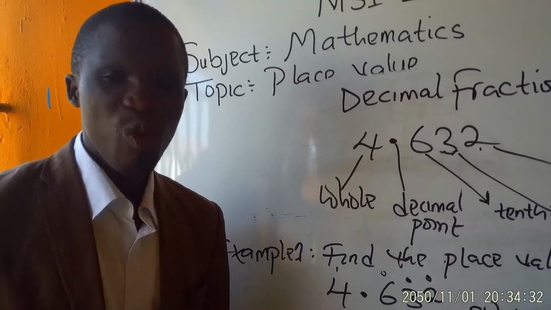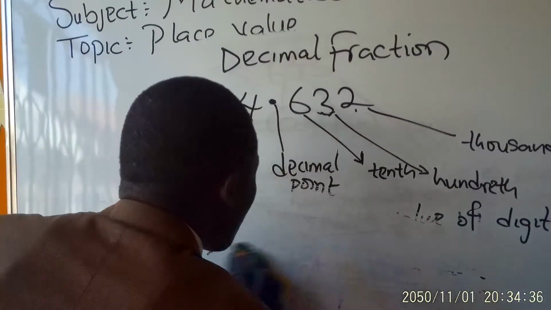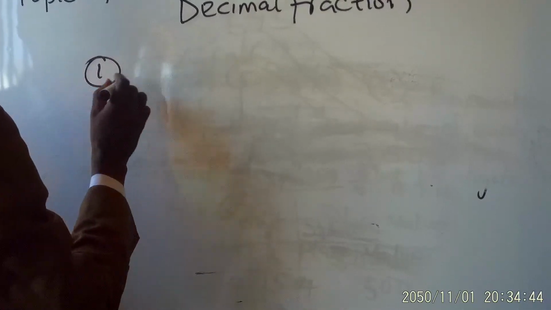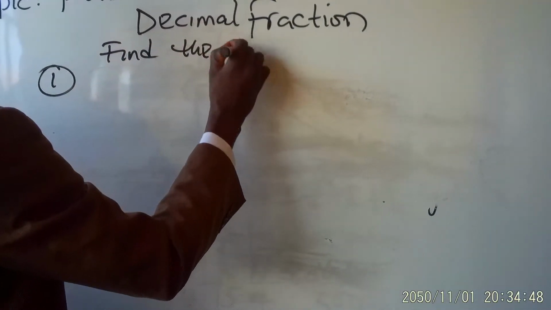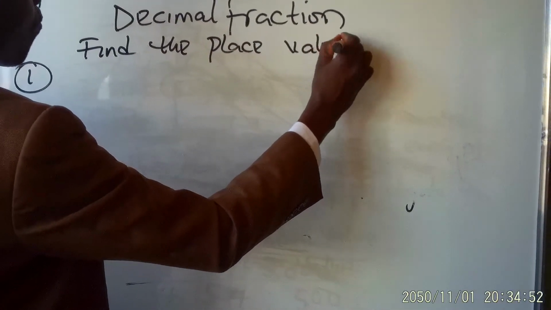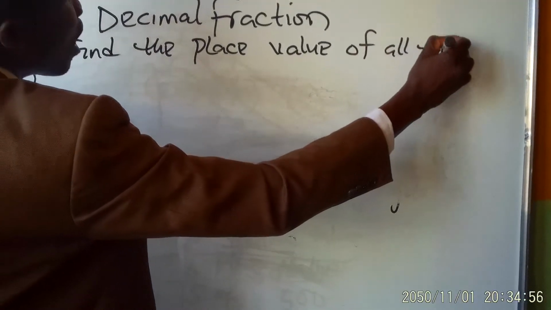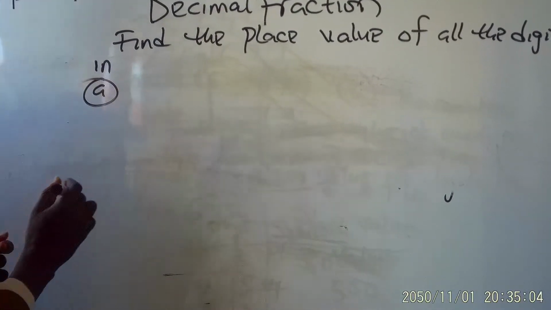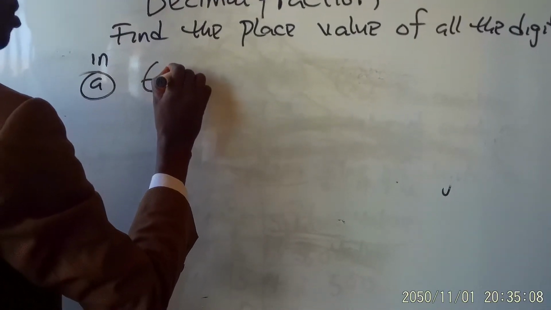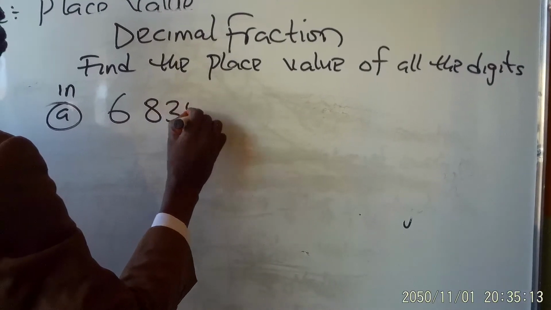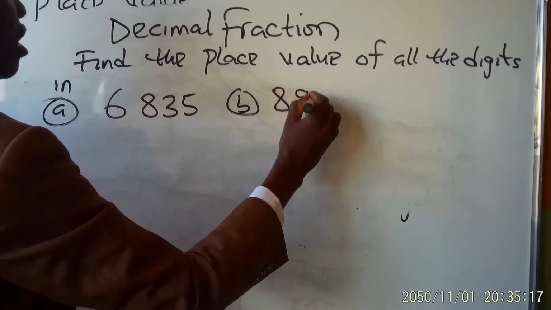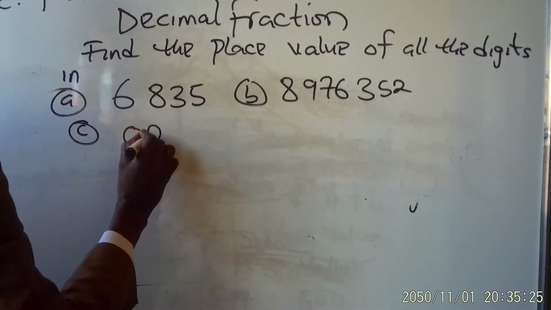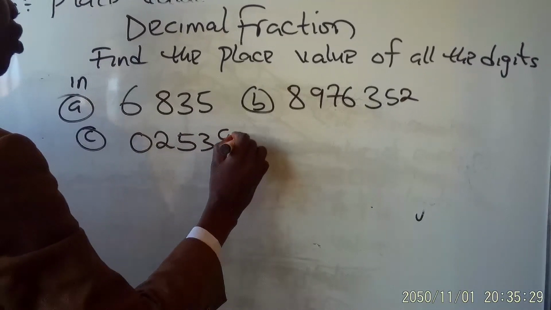Thank you very much. So let me give you work to do. What you are going to do for me, number one, you are going to find the place value of all the digits in: A, 6.835. B, 8.976352. C, 0.25392.